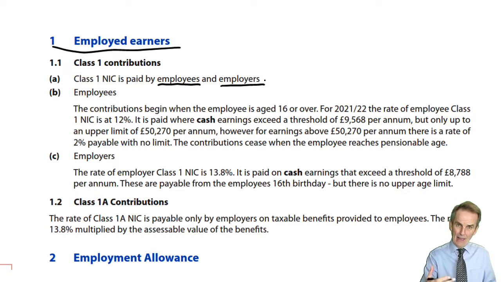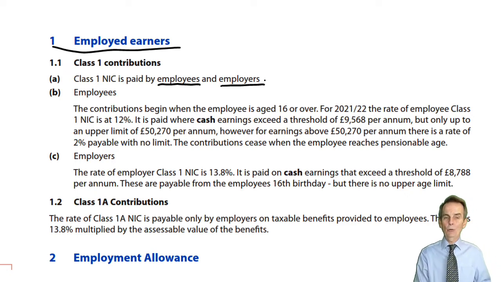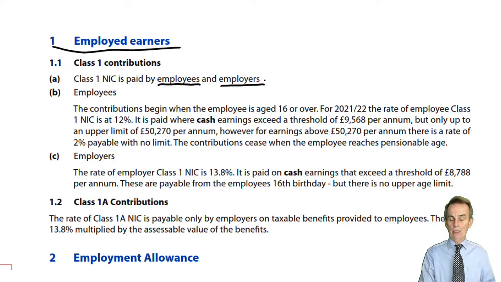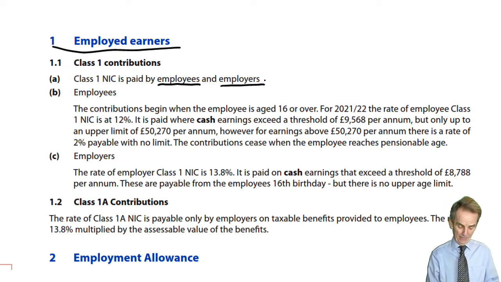We will have, therefore, the responsibility for the collection of the employee NIC and the paying over of it, and also the employer NICs. The responsibility is there on the employer.